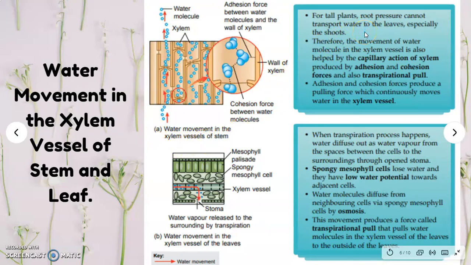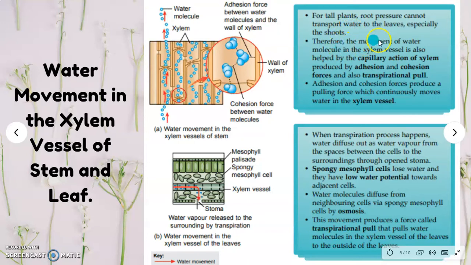For tall plants, root pressure cannot transport water to the leaf, especially the shoot, because the length of the plant is very high, so it cannot reach the shoot.